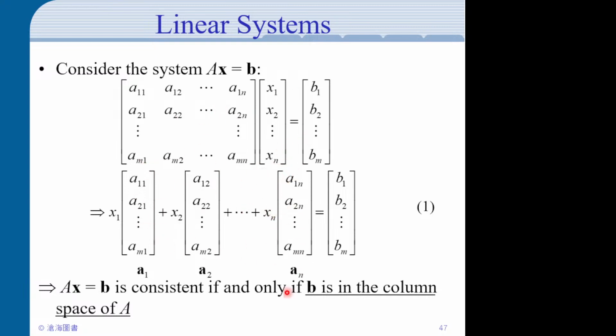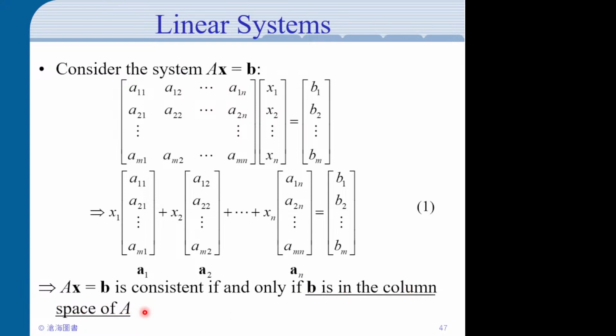So it's a linear combination of the columns, with the coefficients being the coordinates of x. So AX equal to B being satisfied means that B is a linear combination of the columns of A, and so B is inside the column space of A.